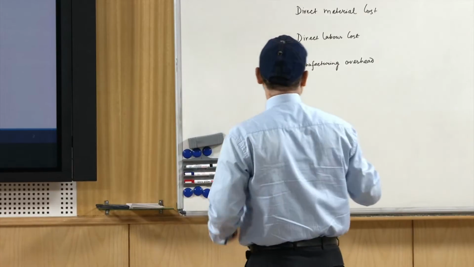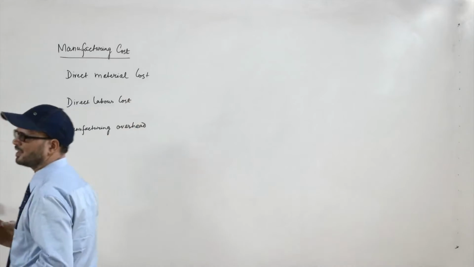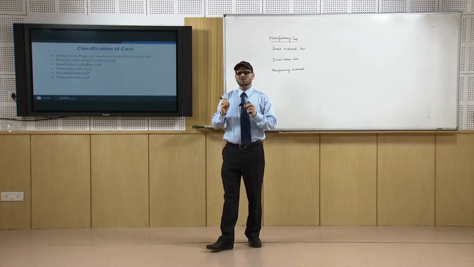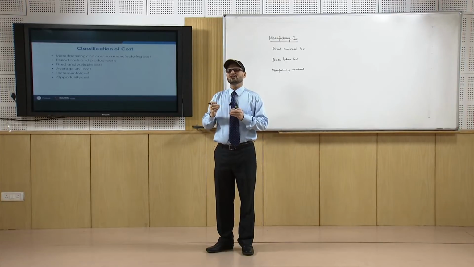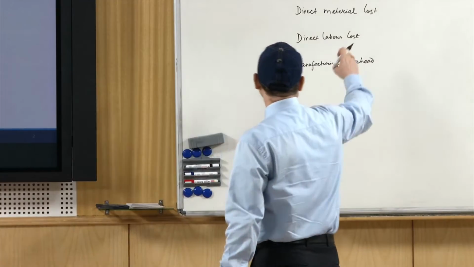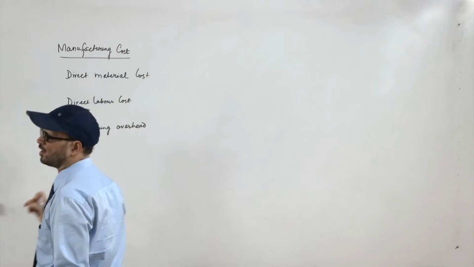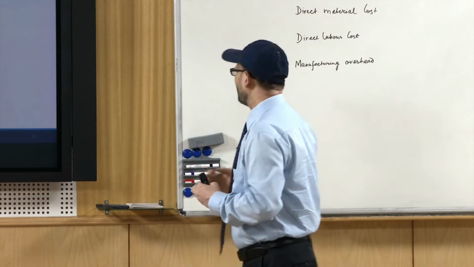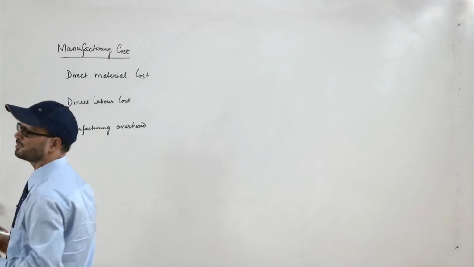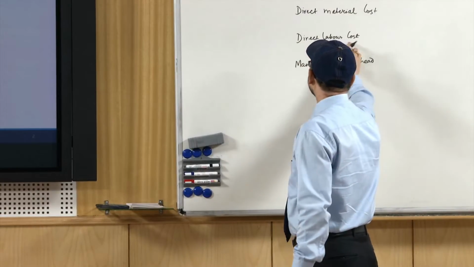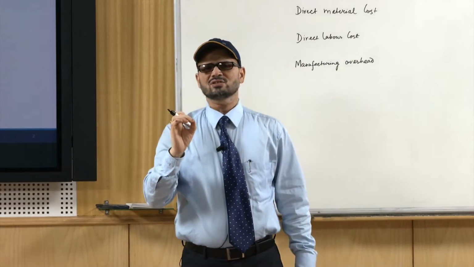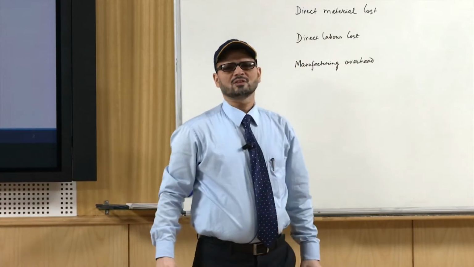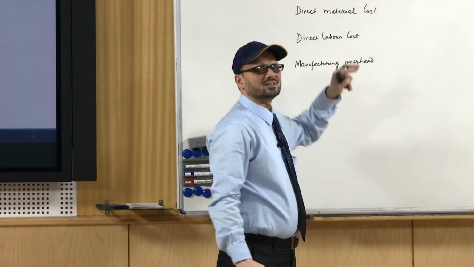Like the cost of rubber or steel for making a pen, the cost of metals used for the ball, all these are direct material cost because they are materials cost which is visible, and that is why they are known as direct material cost. Similarly, direct labor cost is all the cost on the labor who are directly involved with the production of the product. That is known as direct labor cost.